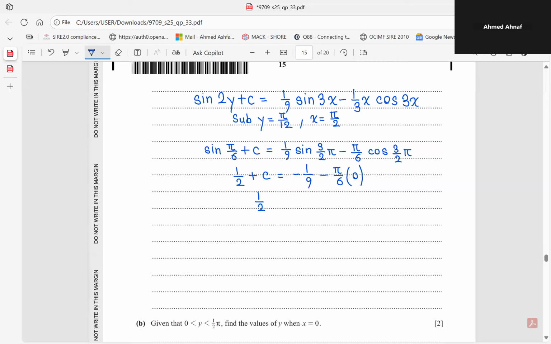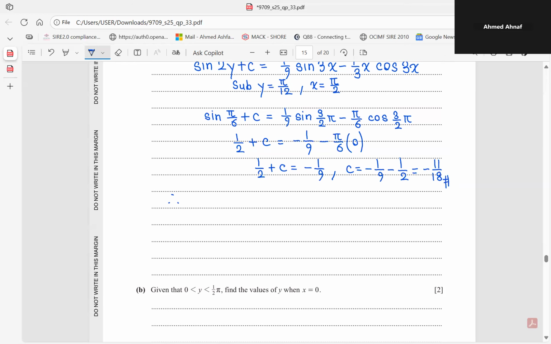Hence, you'll get 1/2 plus c equals -1 over 9. Hence, c is -1 over 9 minus half. This would give you minus 11 over 18. So this is our c.